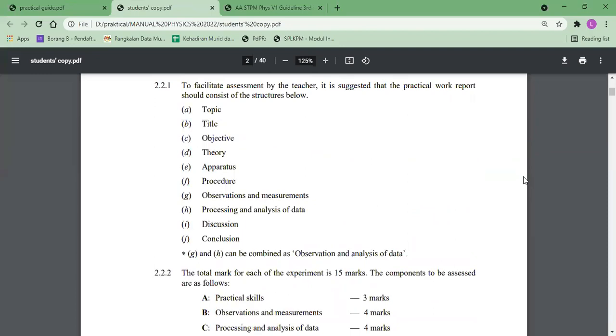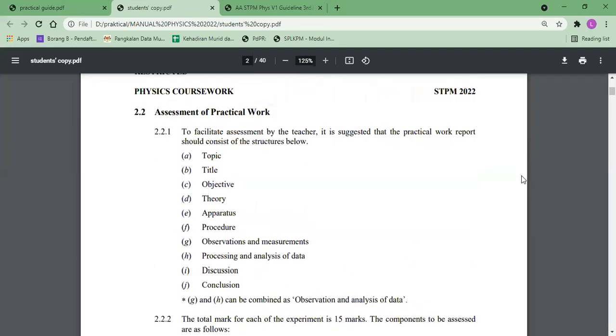In your report, you must have the topic, title, objective, theory, apparatus, procedure, observation and measurement, processing and analysis of data, discussion, and conclusion.